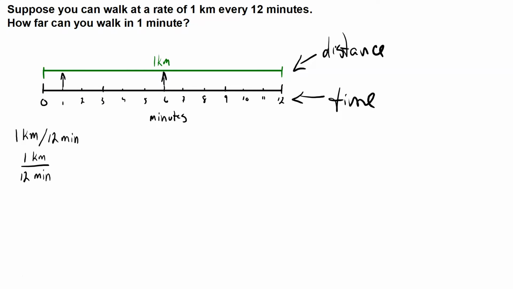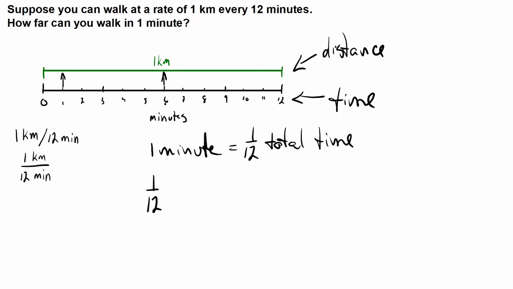So, if we walked 1 kilometer in 12 minutes, we walked half a kilometer in 6 minutes, because that's half the time. That means 1 minute is 1/12 of the total time. So we'd walk 1/12 of a kilometer in 1 minute.